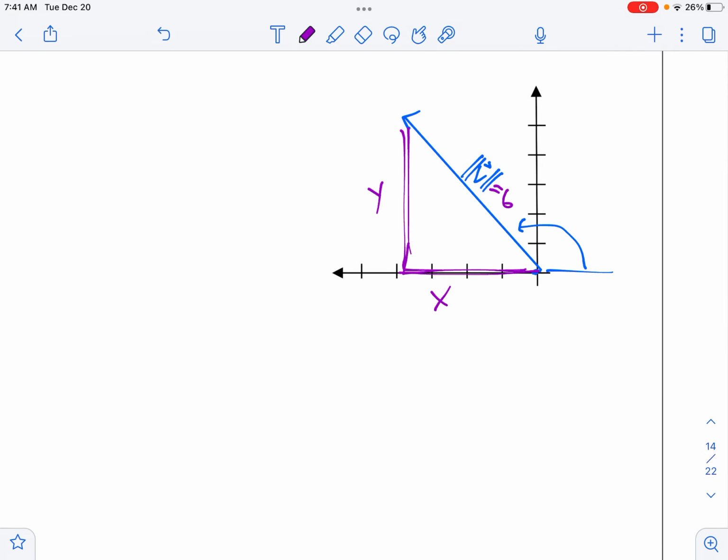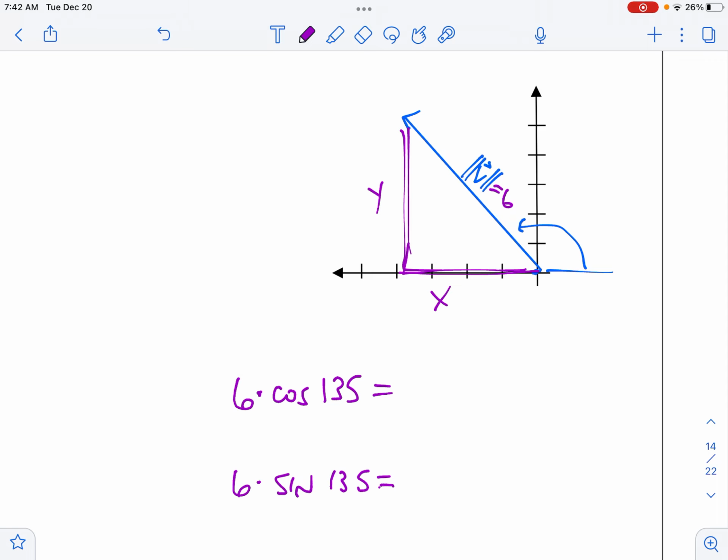So if I'm setting all this up, then I would have 6 times the cosine of 135, that's my direction, and that's going to give me my i component, or my x component, and then I'm going to have 6 times the sine of 135, and that's going to give me my j component, or my y component. This is all right triangle trig stuff that we've already done before.